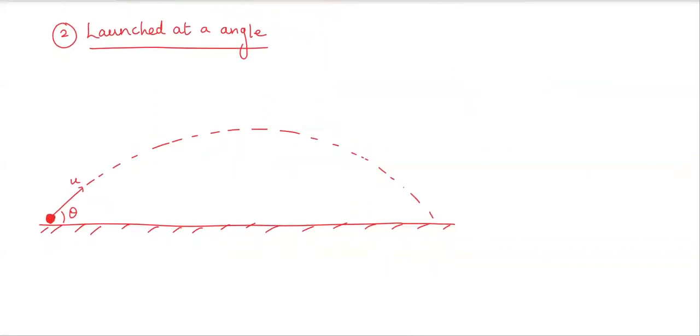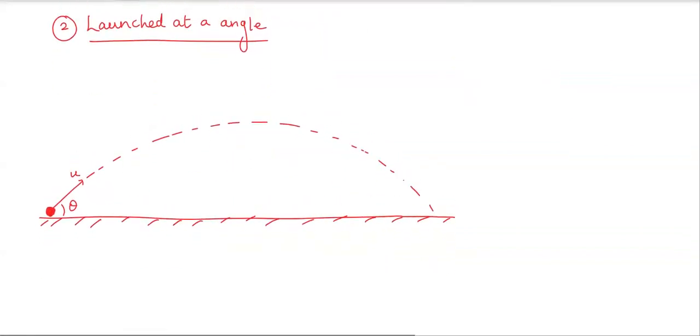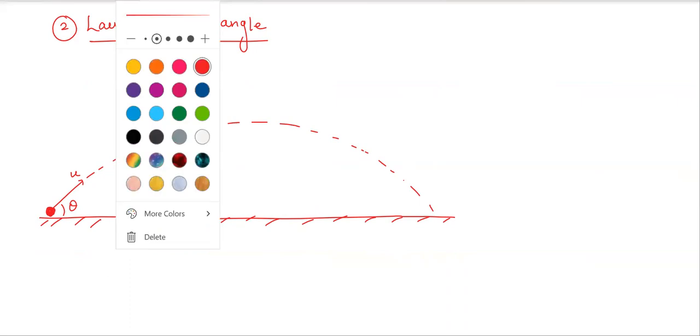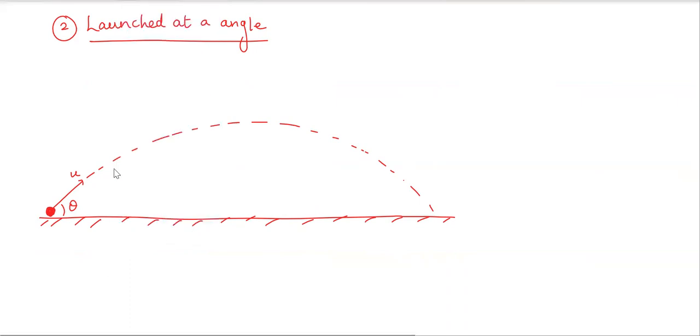Now, when we look at a problem where the projectile is launched at a particular angle, what we need to do initially is resolve the vector u into two components. In the horizontal direction this will be u cos theta, and in the vertical direction it will be u sin theta.